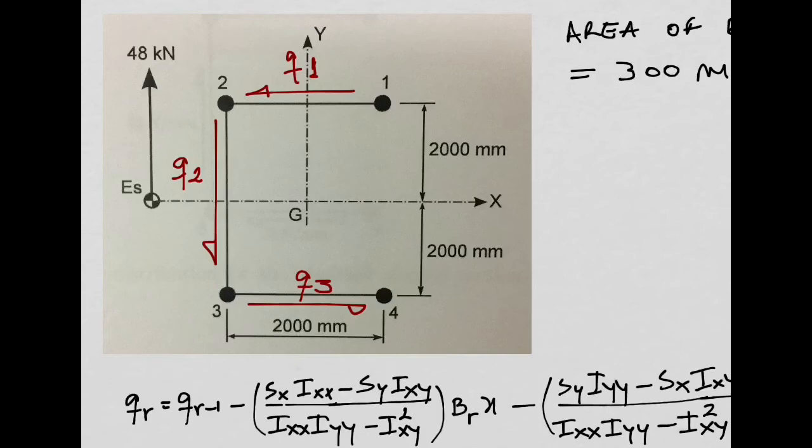We just assign an initial orientation for the shear flows. In this case, I assign the anti-clockwise orientation, but you need to imagine this like a flow. We are going to see in more advanced cross sections, like if we have multiple cells in our cross section, you can imagine this shear like water flowing in pipes, in tubes, okay?